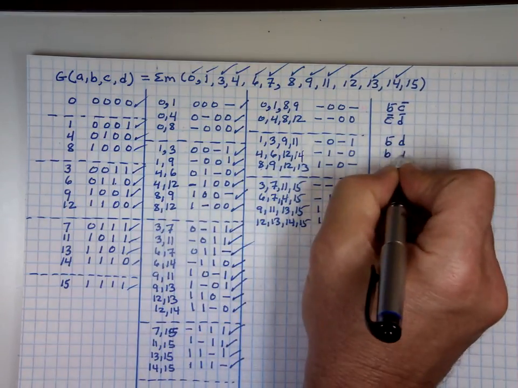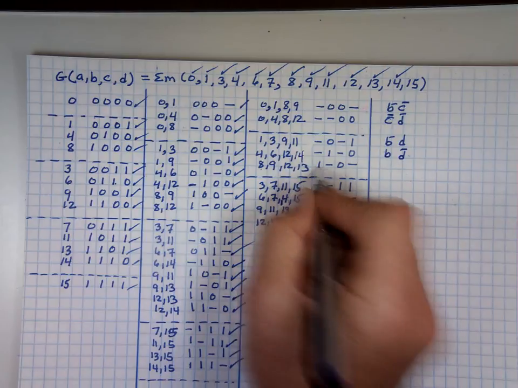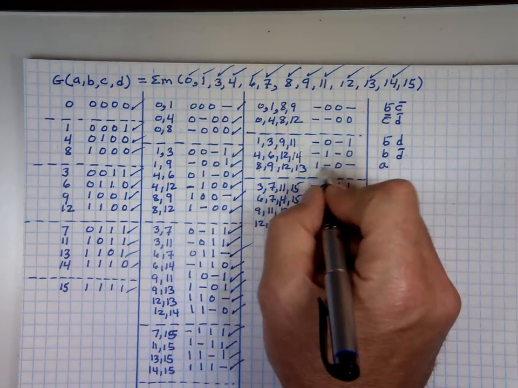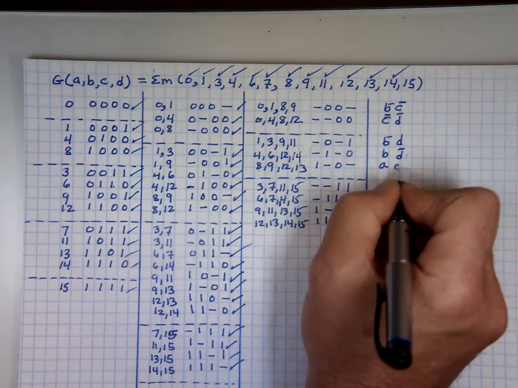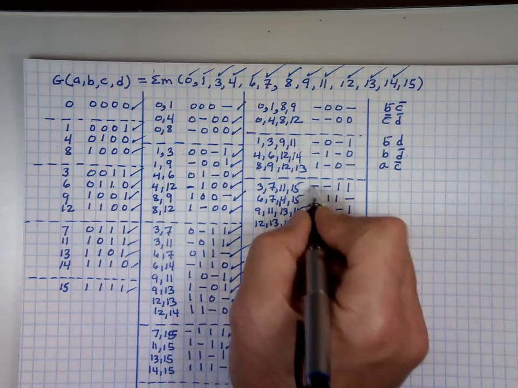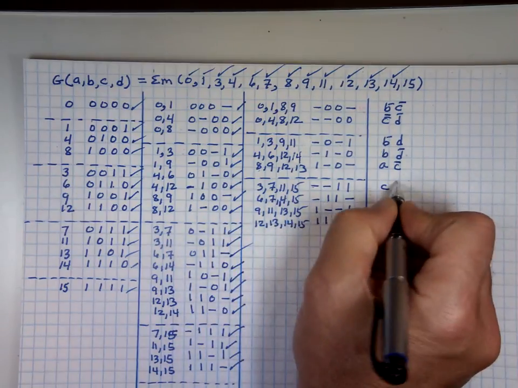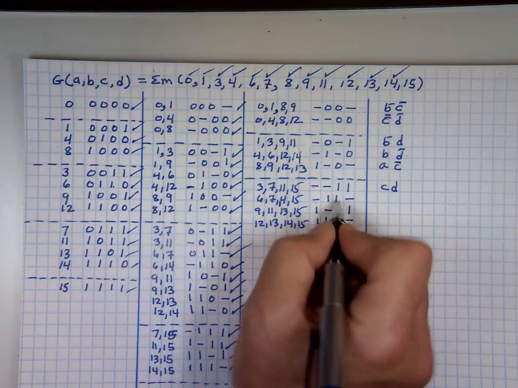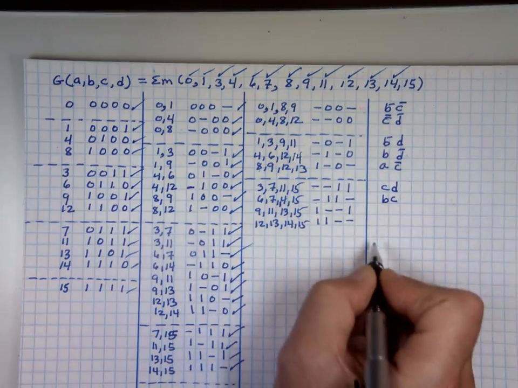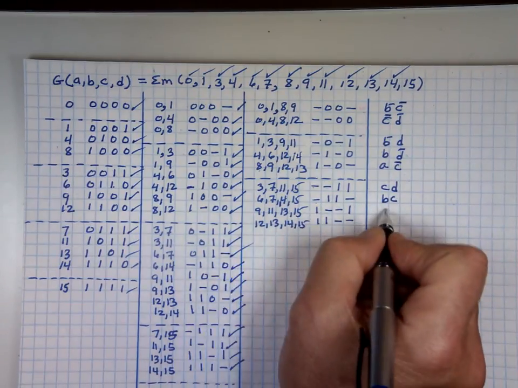This is A what? B, C bar. A, B, C, D. A, B, C. A, D. Is that A, B here?